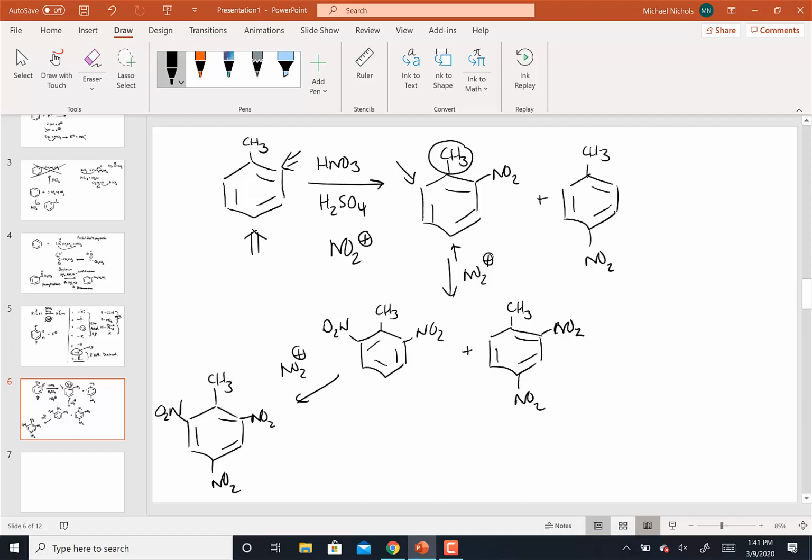Because the methyl group is going to direct all the nitro groups eventually to 1, 3, and 5. Or, I'm sorry, 2, 4, and 6 relative to it. So that's going to be the final product regardless.